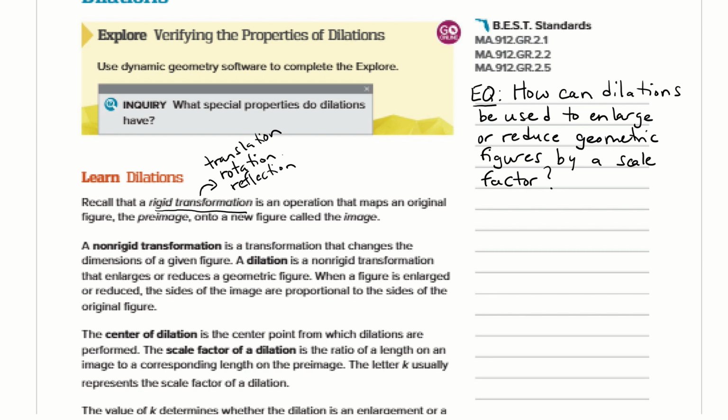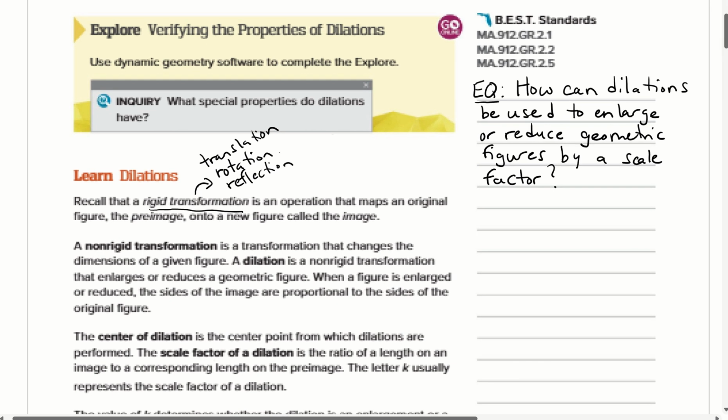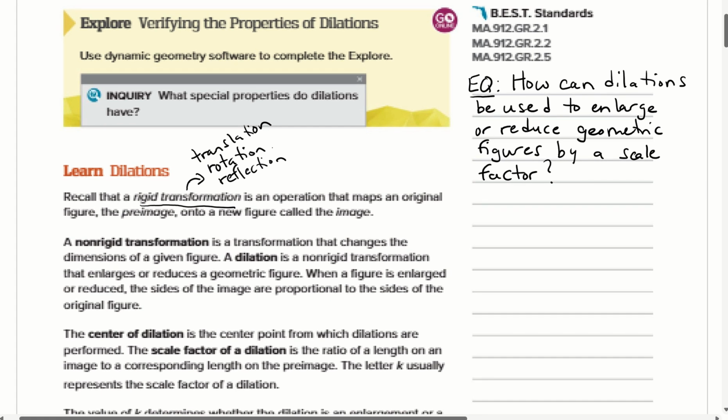Those are referred to as rigid transformations. Rigid because they do not affect the shape or the size of the original figure. It maintains rigidness, so it becomes the same size.